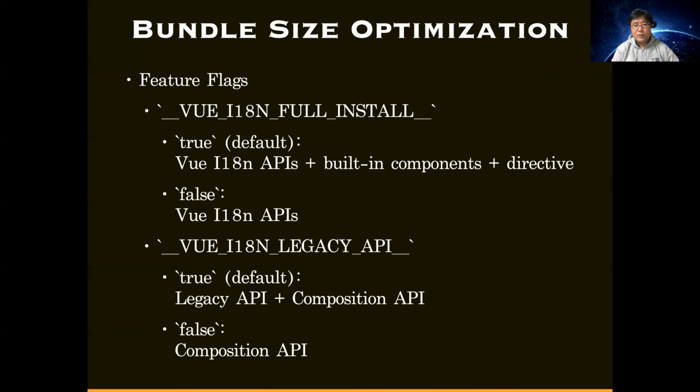If you set this flag to false, you can bundle the composition API and legacy API only. Legacy API is true by default, which means that the composition API and legacy API will be bundled. If you set this flag to false, only the composition API can be bundled. Therefore, you can optimize the bundle size by setting the full install flag and the legacy API flag to false.